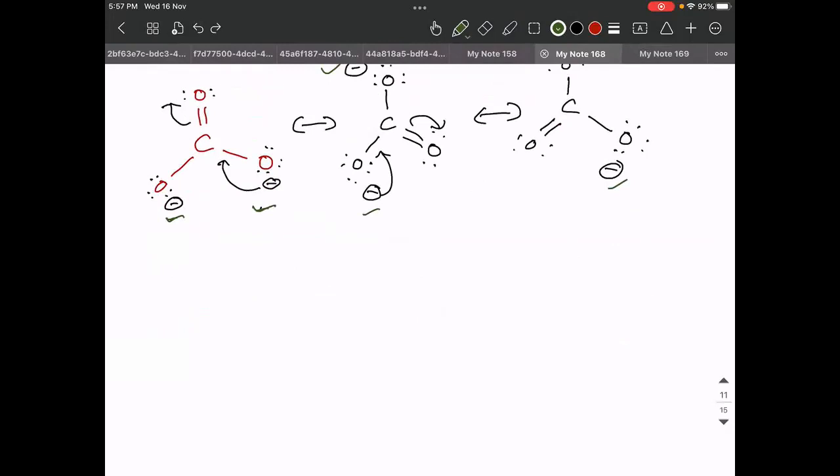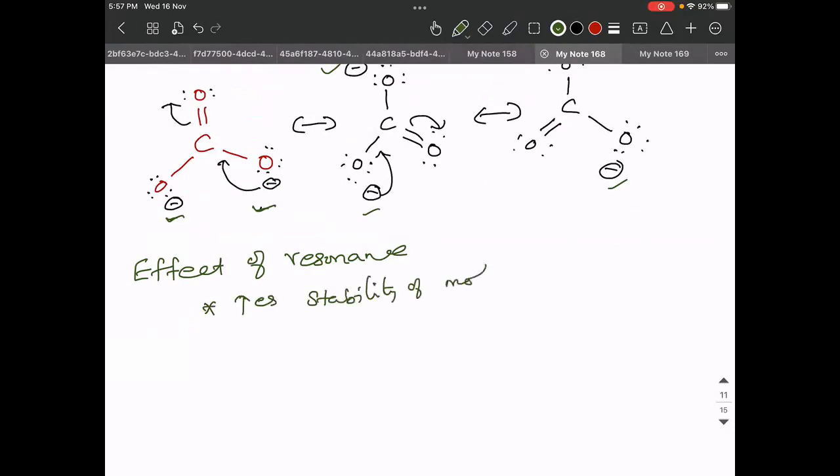So what is the effect of resonance? It increases the stability of the molecule. Once the stability of the molecule increases, the reactivity decreases.